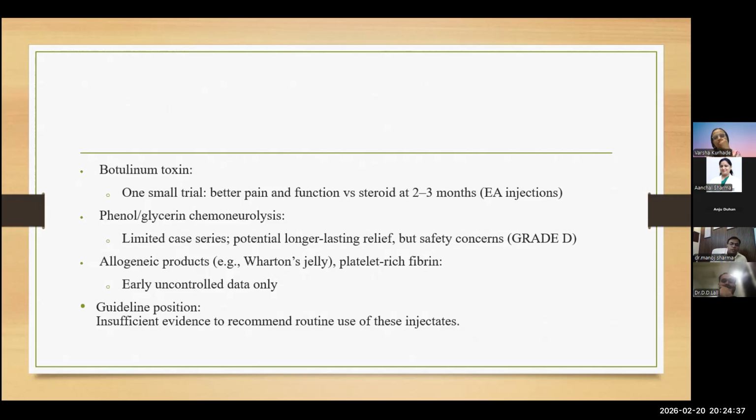Very limited studies have used allogenic products like Wharton's jelly and platelet-rich fibrin, but these were uncontrolled data, and this also has grade D evidence and should not be used. So the guideline position is that there is insufficient evidence to recommend routine use of these injectates compared to intra-articular or extra-articular steroid injection.